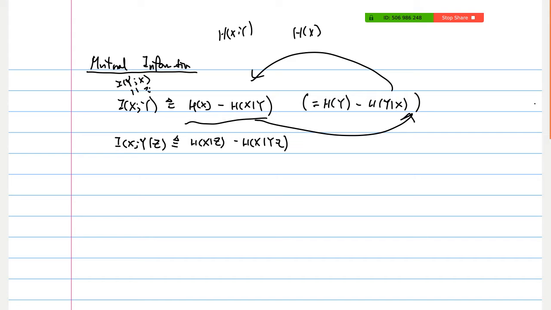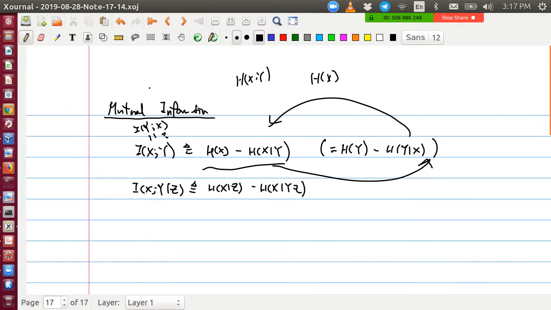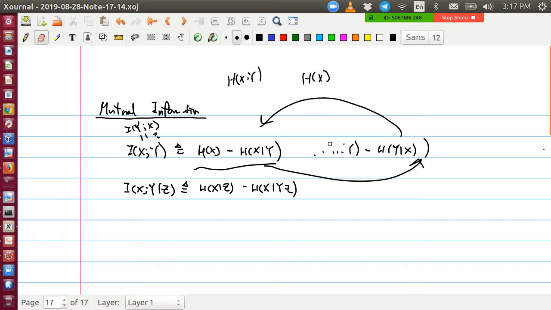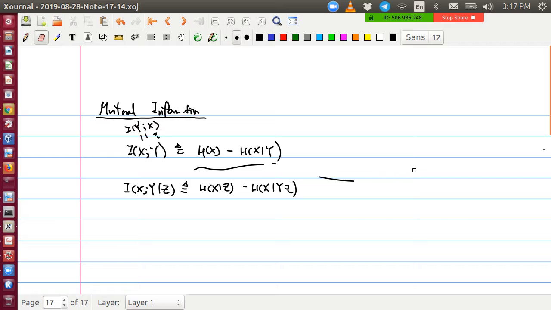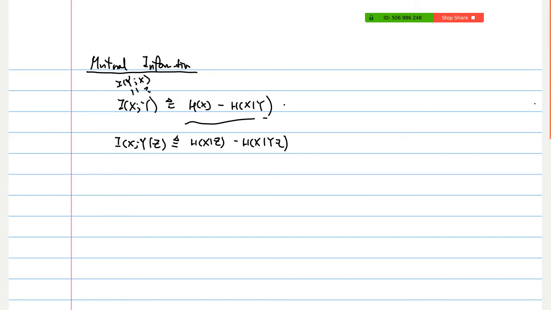But as you can see, I can write H(X given Y) as H(X,Y) minus H(Y), right?